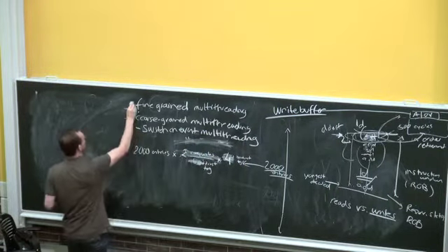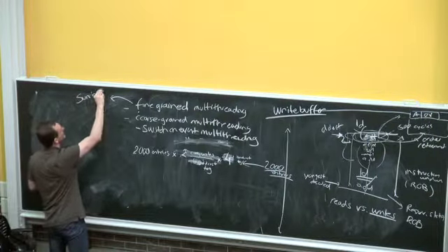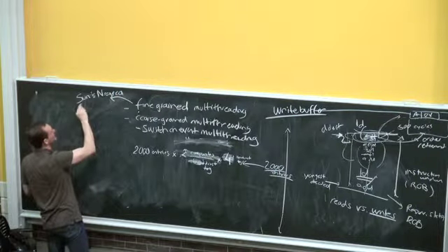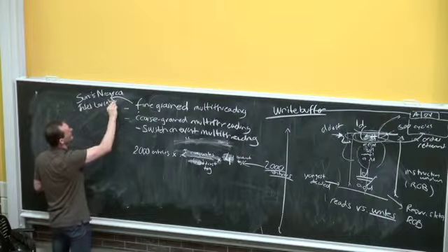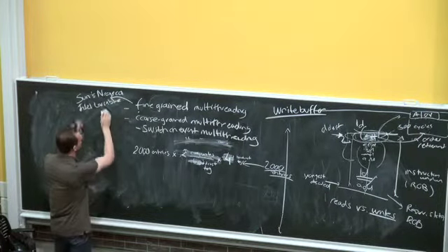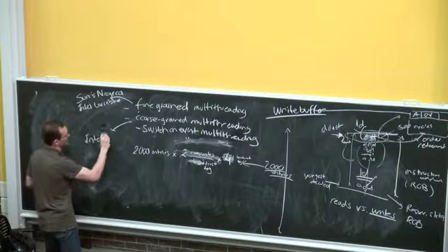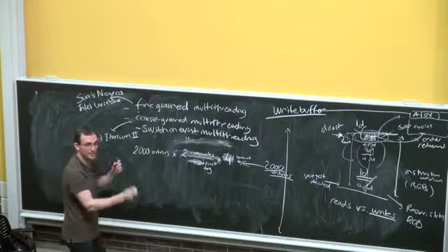So examples, fine-grained multi-threading: Sun's Niagara processors are fine-grained multi-threaded today. Intel's Larrabee, I don't know if it exists anymore, but it's fine-grained multi-threaded. These are recent processors. Coarse-grained multi-threaded: Intel Itanium 2 actually has sophisticated mechanisms for doing coarse-grained multi-threading.